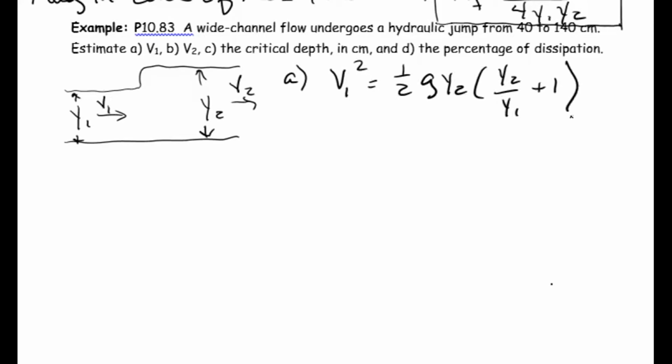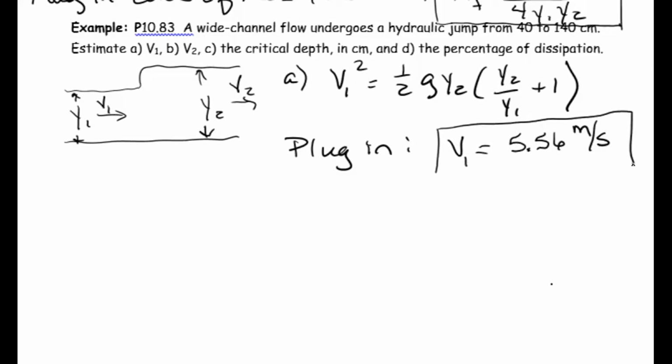All right, no problem. I can just plug into this, and you can try it on your own. You know g is, this is metric, 9.81 meters per second squared, y2 is 1.4 meters, and so forth. And you're going to end up with V1 equal to 5.56 meters per second. So far this has just been plug and chug.